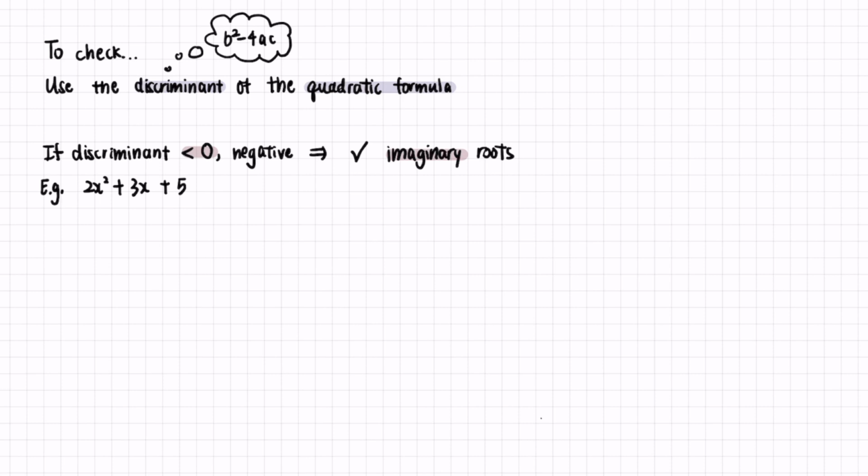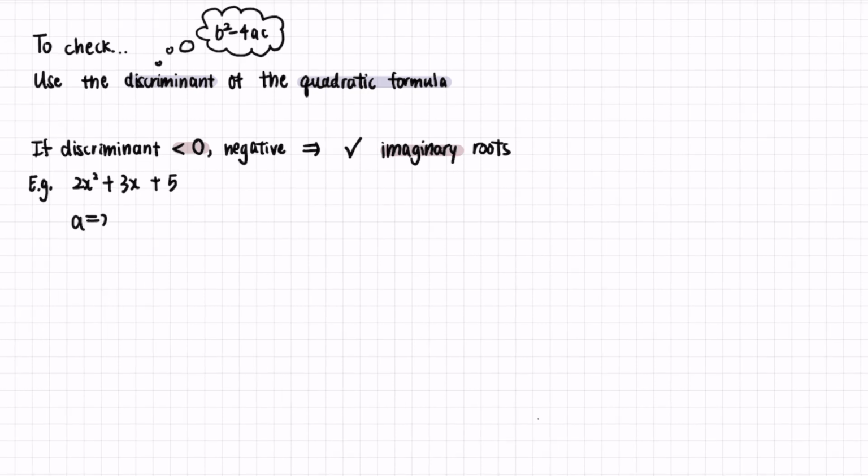And when you plug the numbers in for the discriminant, if the number is negative, it means that it has imaginary roots. So for example, in this quadratic 2x squared plus 3x plus 5, a equals 2, b equals 3, c equals 5.